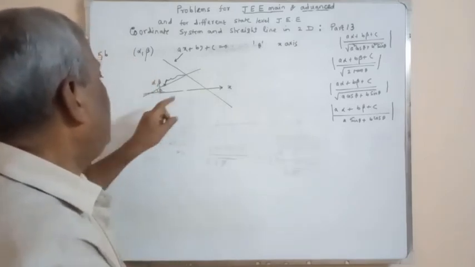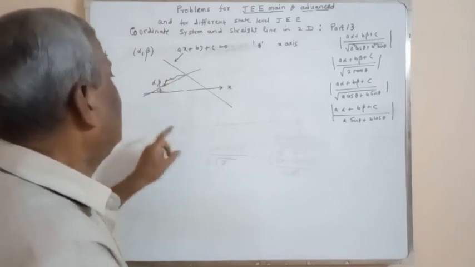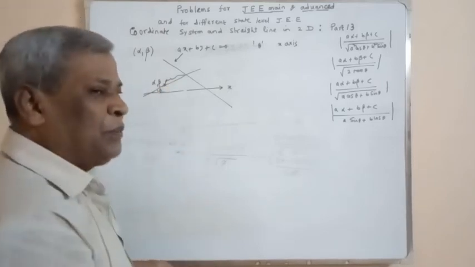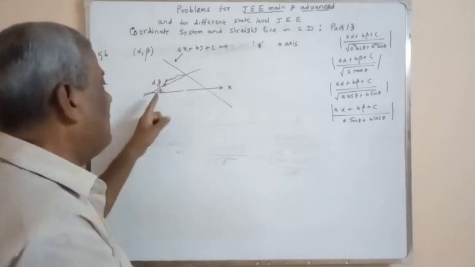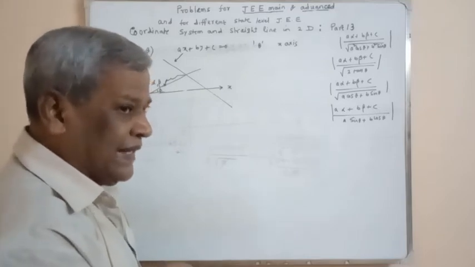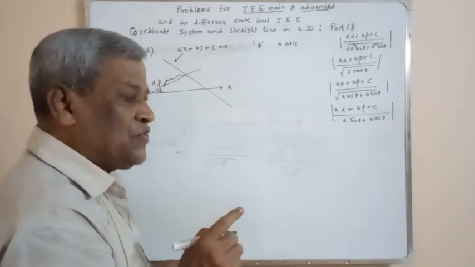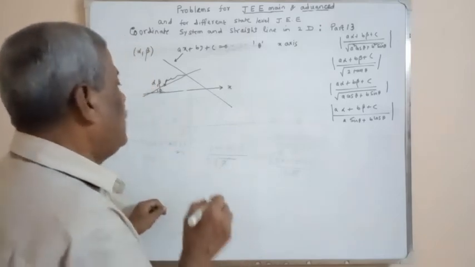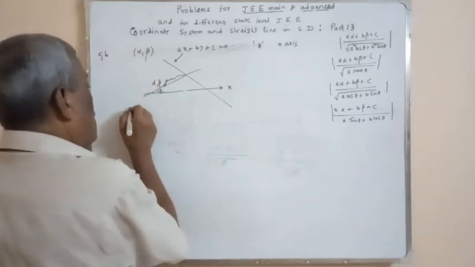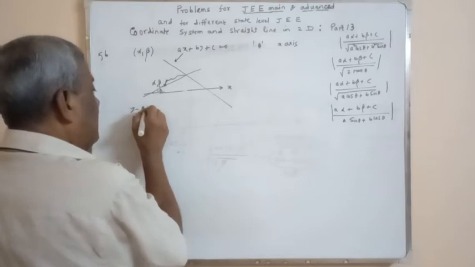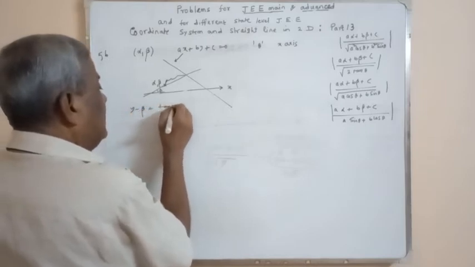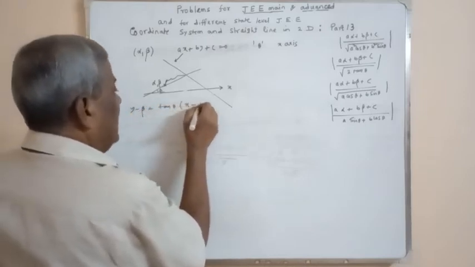Now, the equation of that line: it passes through the point (alpha, beta) and makes an angle theta with x-axis. That is, the gradient of the straight line is tan theta. So its equation is y minus beta is equal to tan theta into x minus alpha.